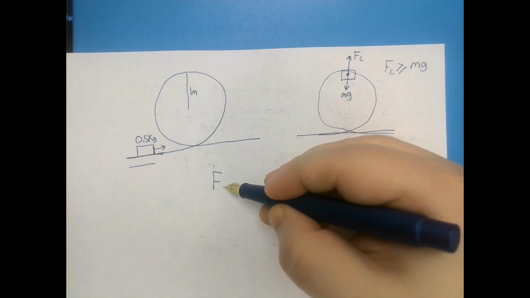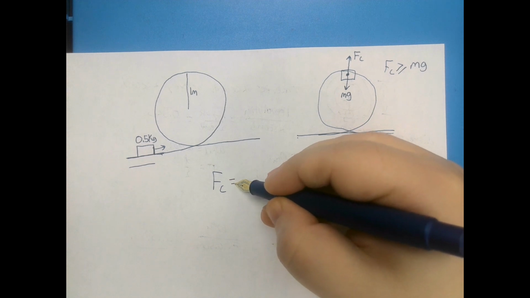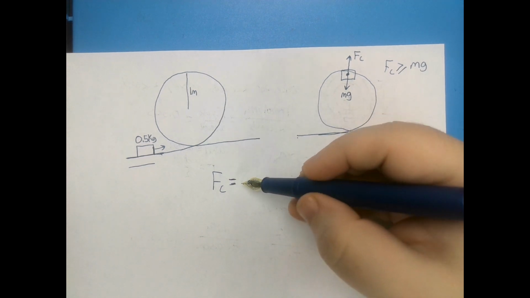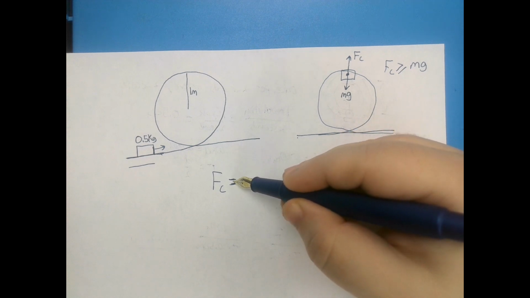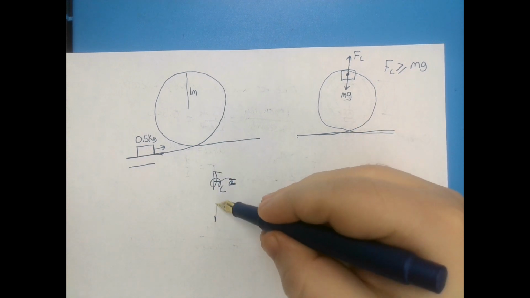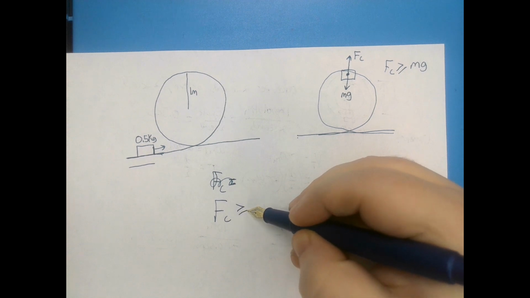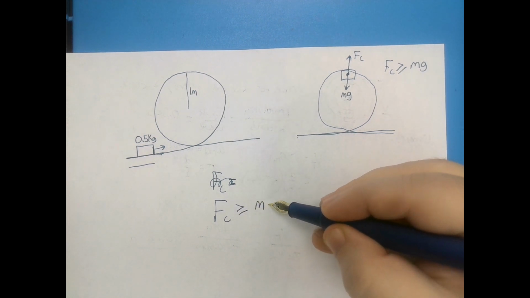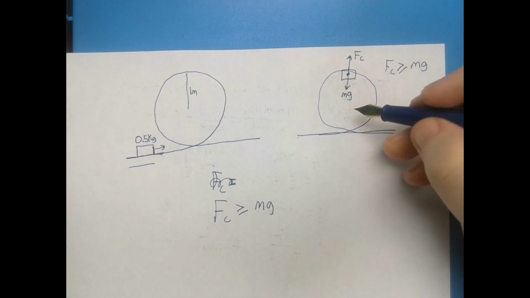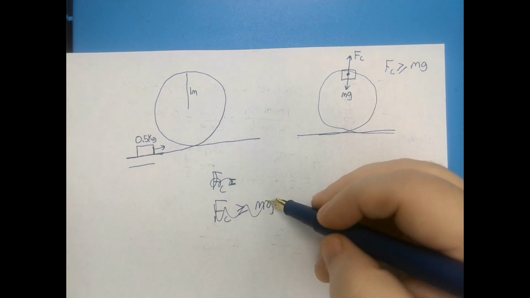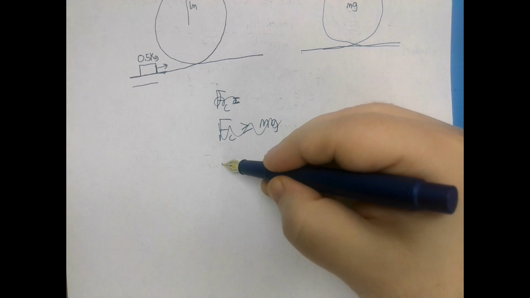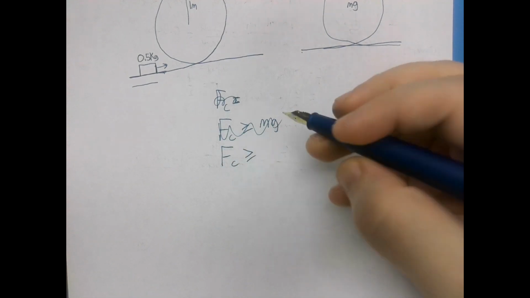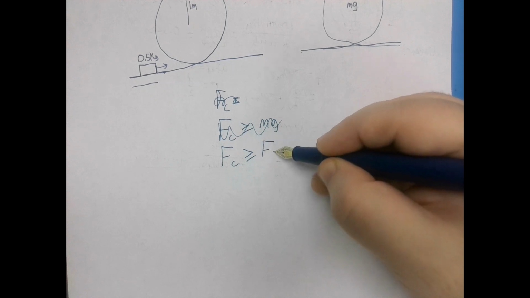So the centrifugal force must be the minimum value. So we want FC greater than or equal to mass times g, the gravitational force. Let me actually write that. So you want the centrifugal force to be greater than or equal to the gravitational force.